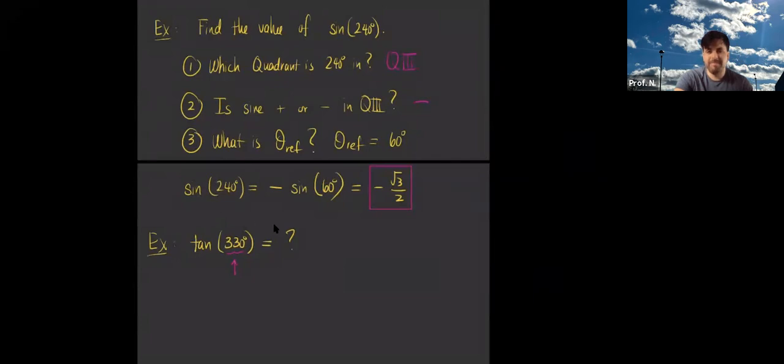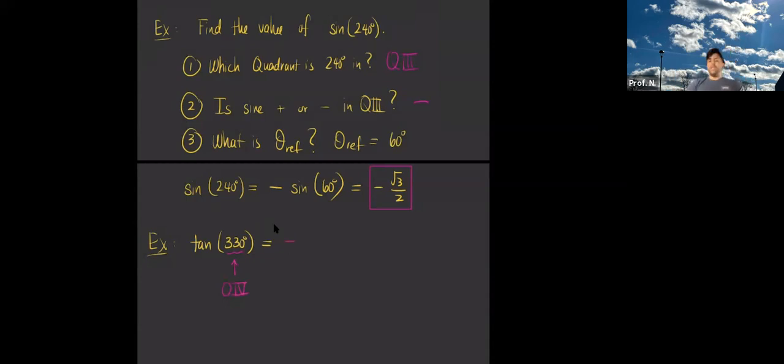Anybody? What quadrant am I in, guys? If I'm 330 degrees, I'm in quadrant 4. Good. Tangent is what? Positive or negative? In quadrant 4. Negative. So this will be negative.